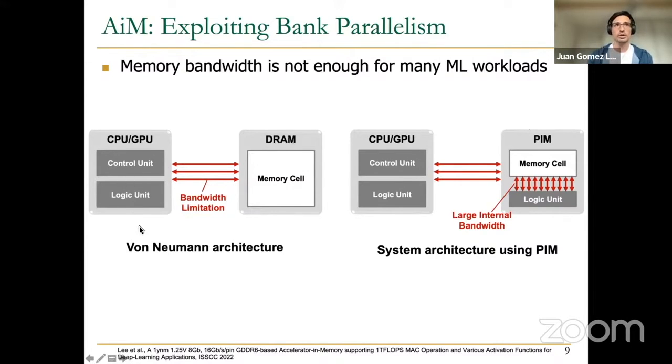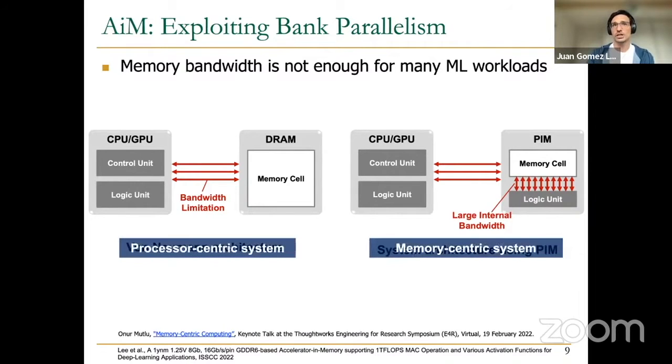As you see here, I think this slide is from their presentation at ISSCC, they talk about the von Neumann architecture in the traditional processor-centric system, where we are limited by the external bandwidth of the DRAM that connects DRAM to the processor, either a CPU or a GPU, and they compare it to a system architecture using processing in memory, where we can achieve much larger bandwidth in the logic units.